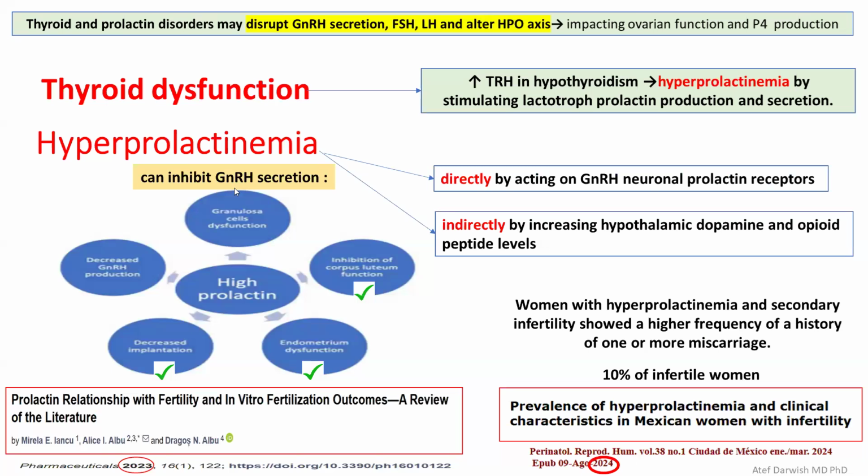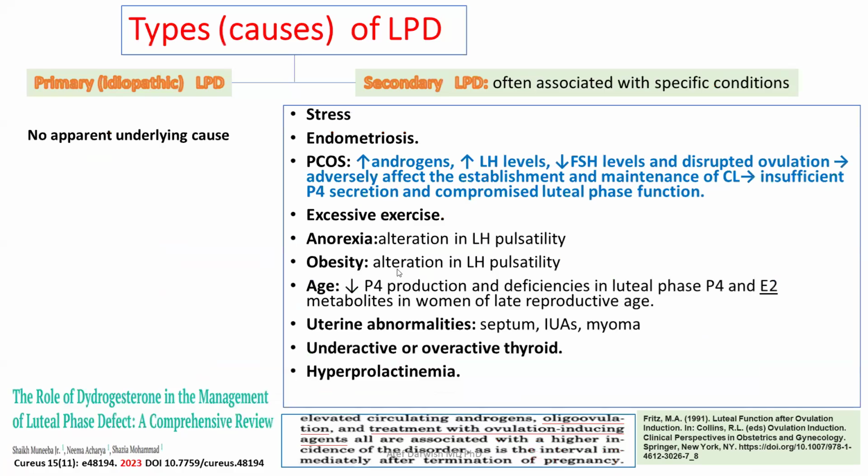But hyperprolactinemia can affect the GnRH release by direct or indirect approaches. In one recent study, up to 10% of secondary infertility patients had hyperprolactinemia. And hyperprolactinemia can inhibit corpus luteum function, and can lead to endometrial dysfunction and decreased implantation as well.